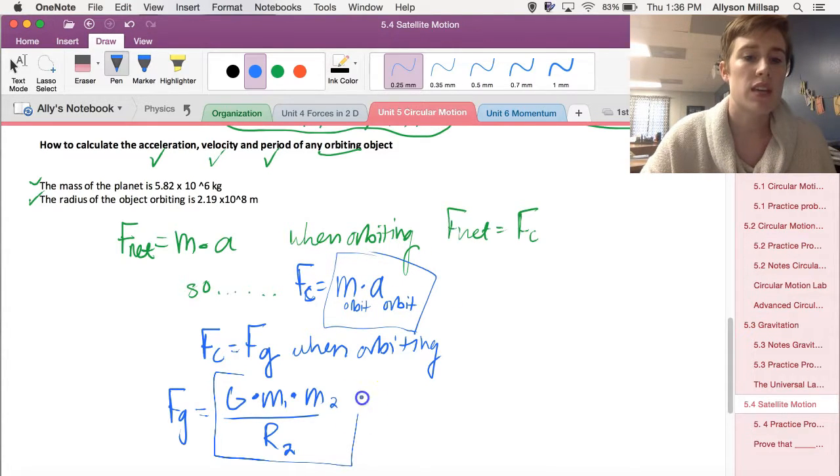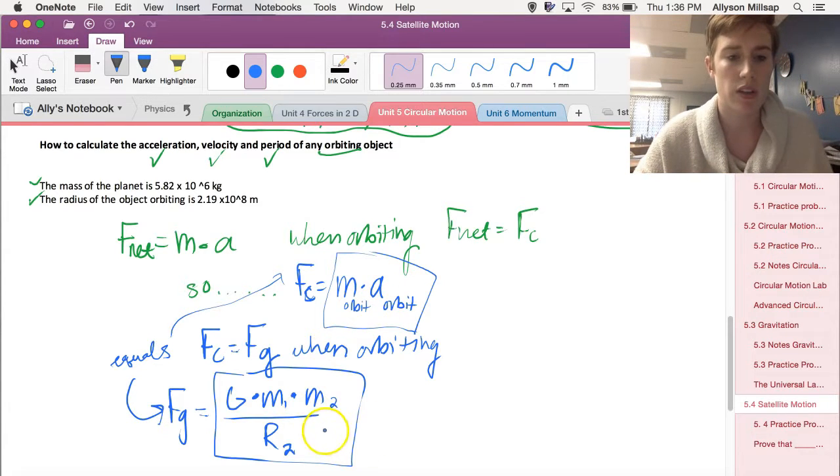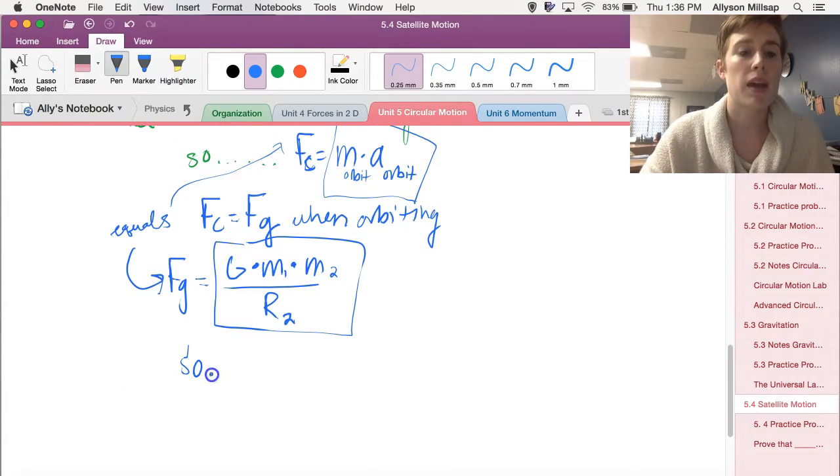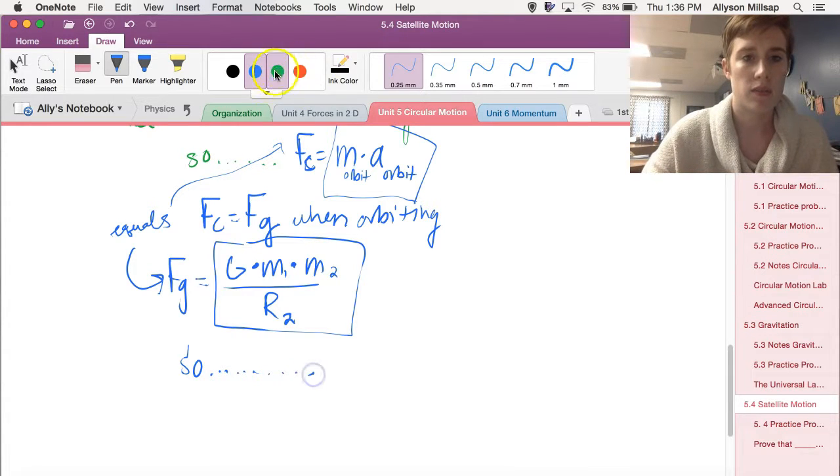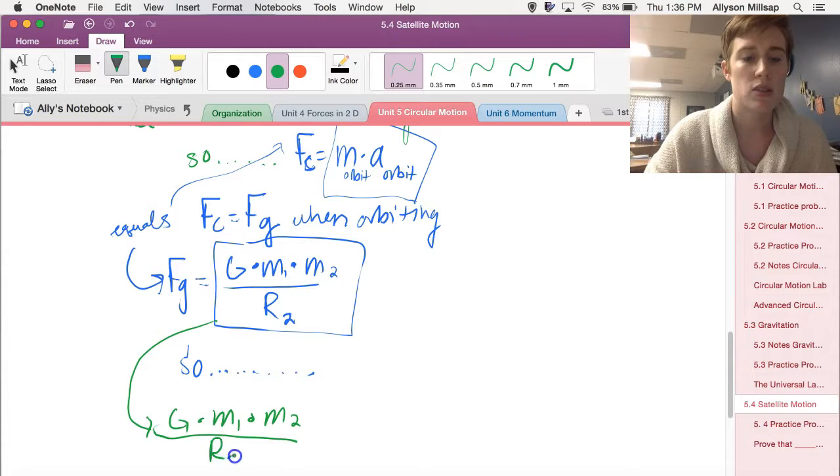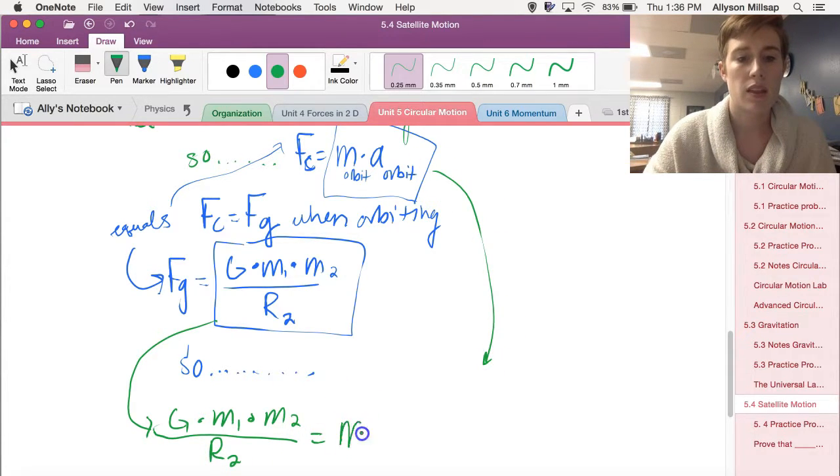So if f of c, right here, equals f of g, that means these two formulas equal each other. So we can make one big formula. We can take this formula right here and say g times m1 times m2 over radius squared equals this formula: m of the orbiting object times a of the orbiting object.